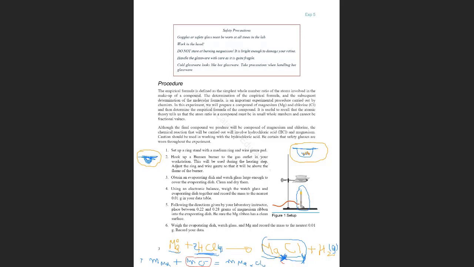It's going to be the mass of the product minus the mass of the reactant. But this is the idea of how we are going to start calculating the empirical formula.